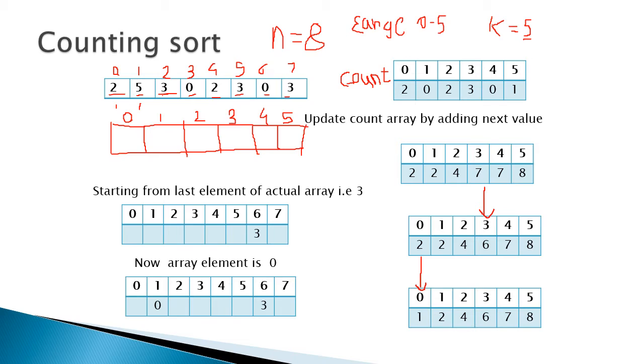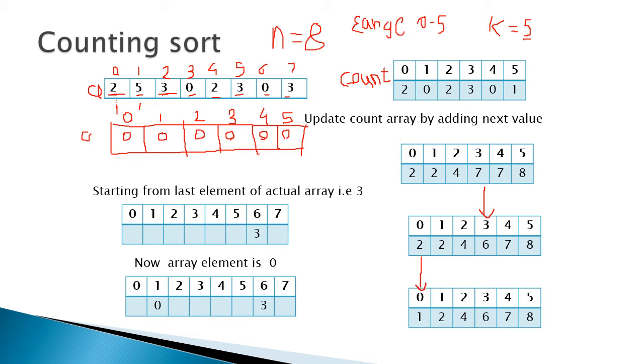Suppose this is our array A. The index i points to the first index of array A, that is 0. Then A of i is 2. Initially all the elements in the count array are initialized with 0.